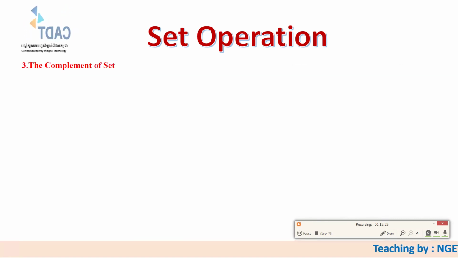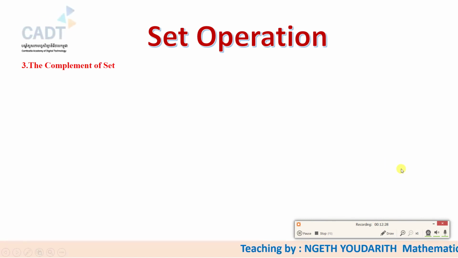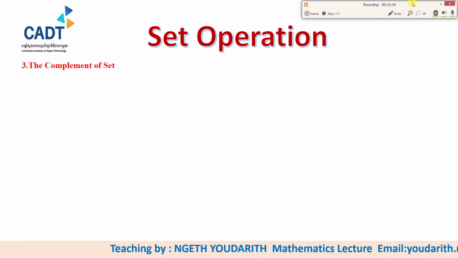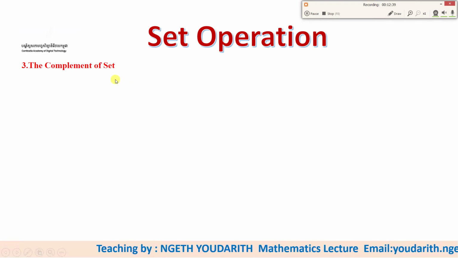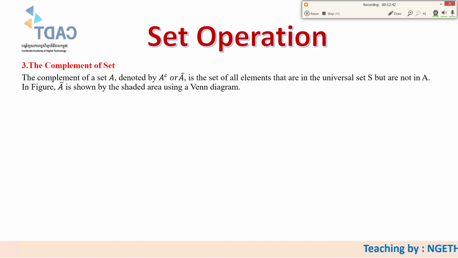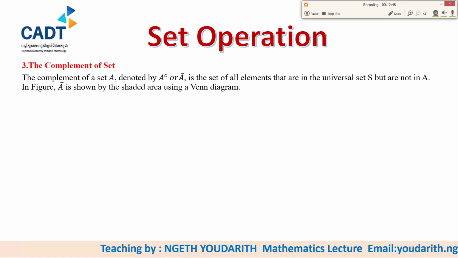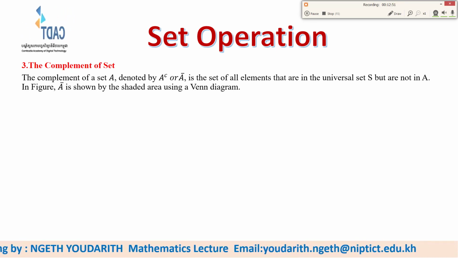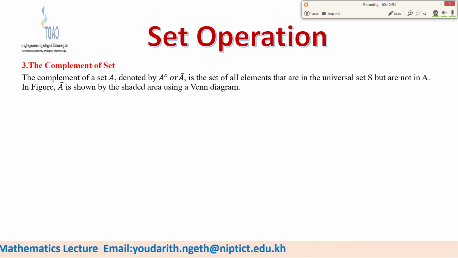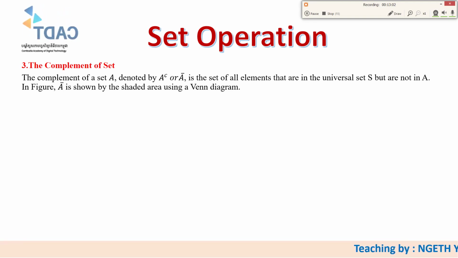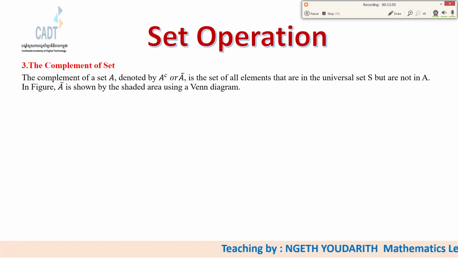And now we go to point 3 and talk about the complement of a set. The complement of a set, denoted by A^c or A with a bar, is the set of all elements in the universal set that are not in A. We use the letter S or the letter U, it is up to you.